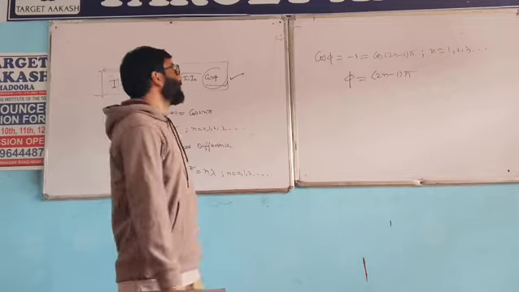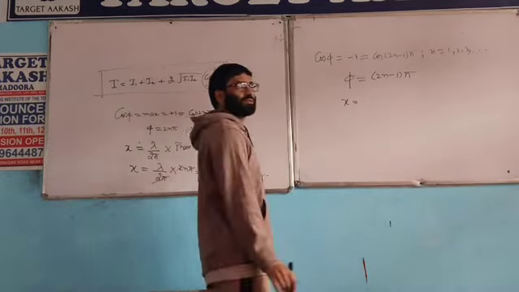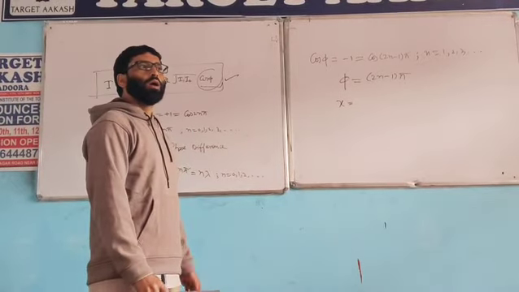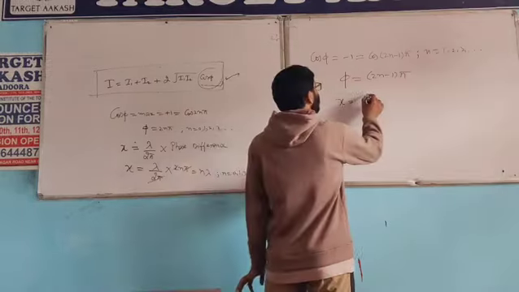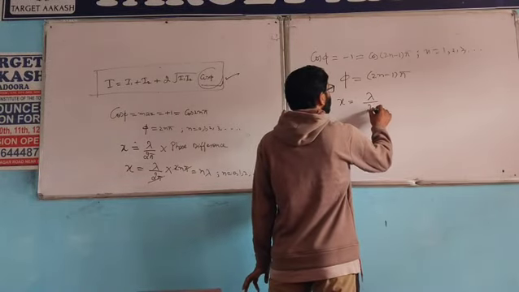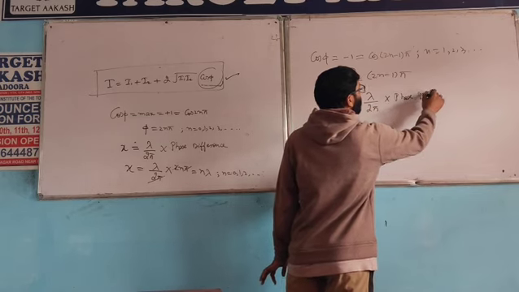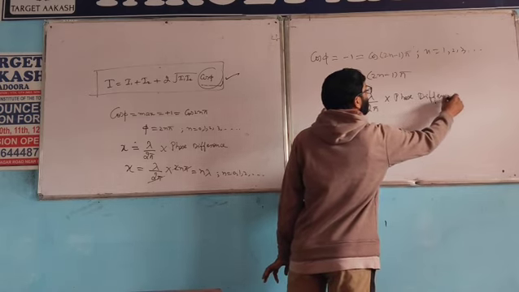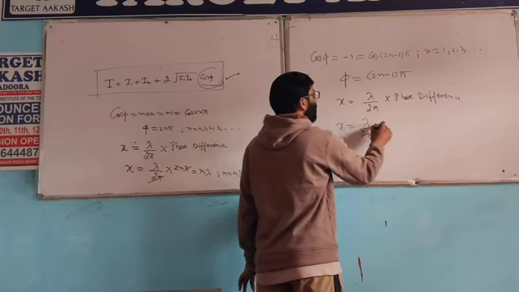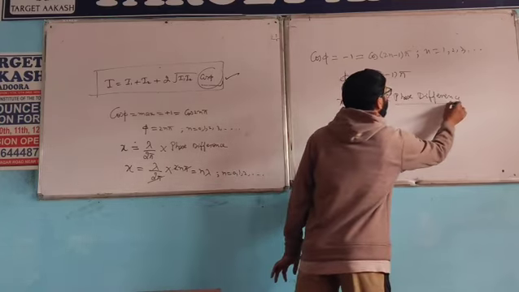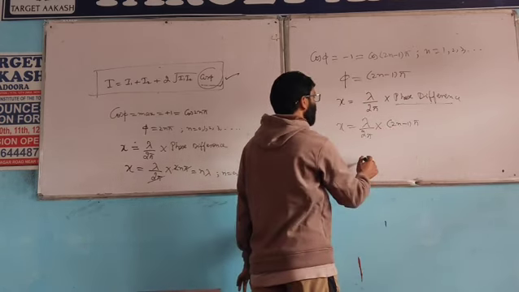And more importantly, what will be the corresponding path difference so that you could obtain a destructive interference? That is lambda by 2 pi into phase difference. So x will be lambda by 2 pi into the phase difference for destructive interference, that is (2n minus 1) into pi.